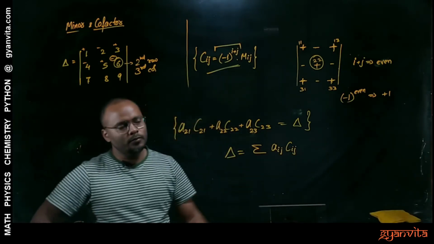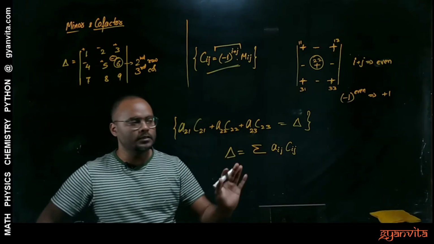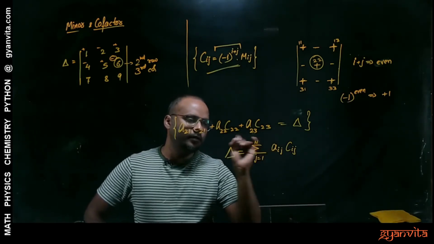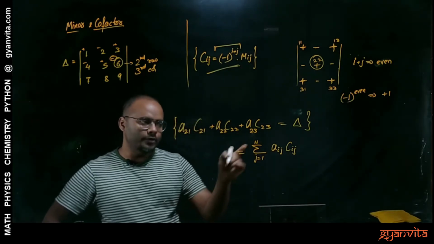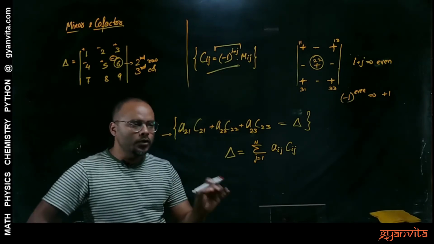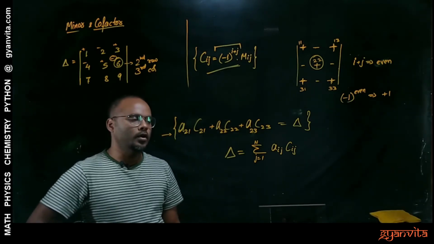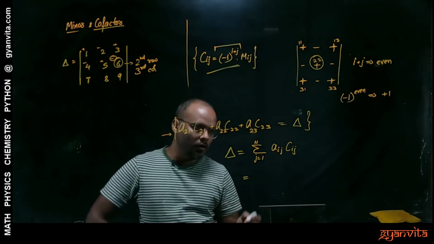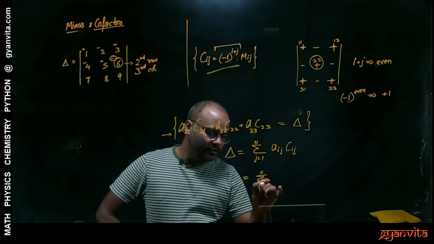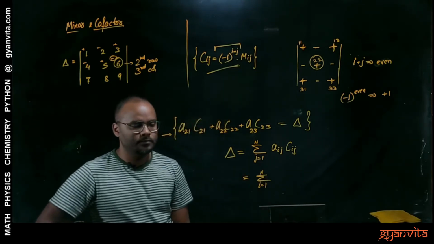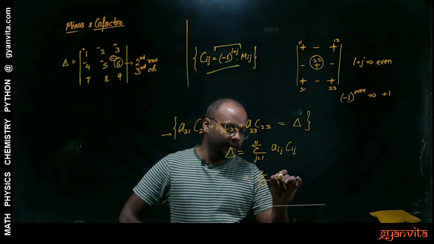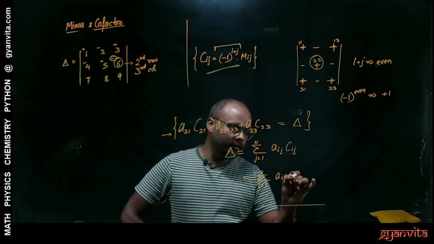So you just have to add all these, but only j should change from 1 to n, not i. i should remain fixed. That means you will be doing it only along one row, or only along one column. So this can be equal to sigma where i changes from 1 to n and j is fixed, right? So it will be a_ij C_ij.